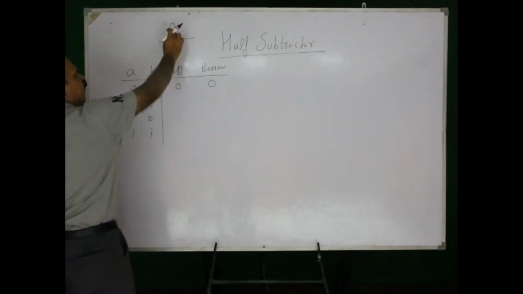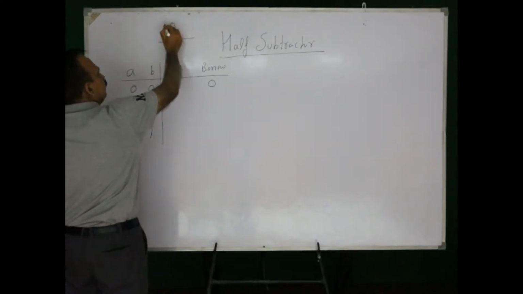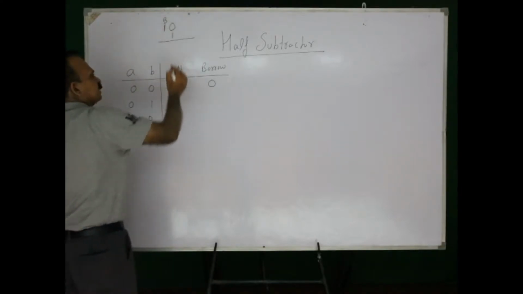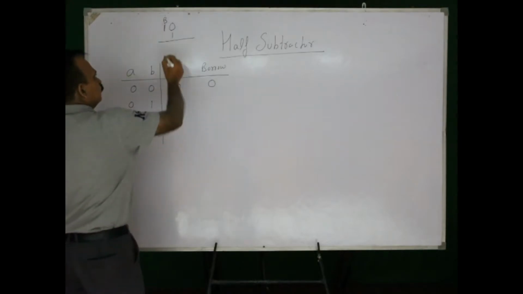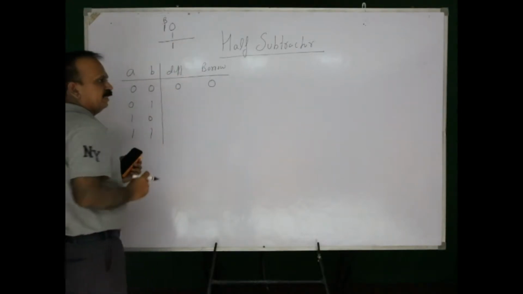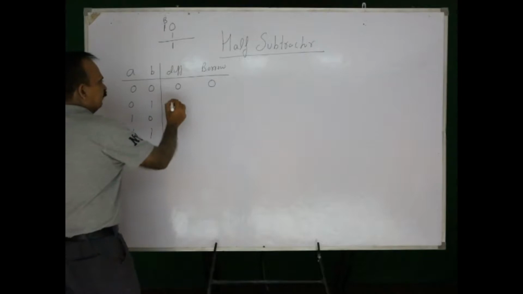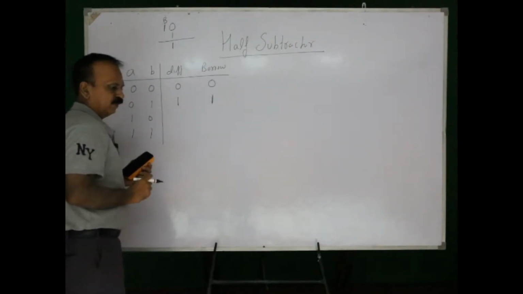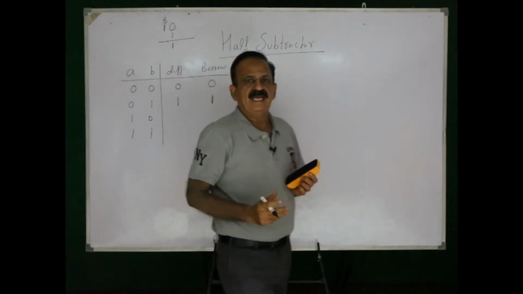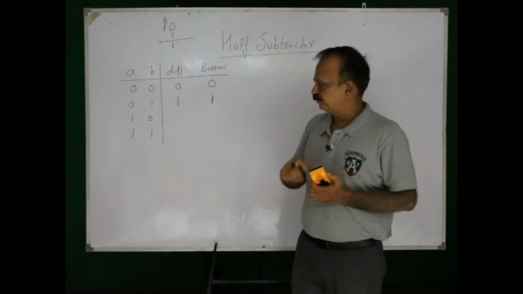Positively, I need a borrow here. So, there will be a borrow from the next stage. Now, this is 10 minus 1 and 10 minus 1 will be 1. That means the difference here will be 1 and borrow here will be 1.